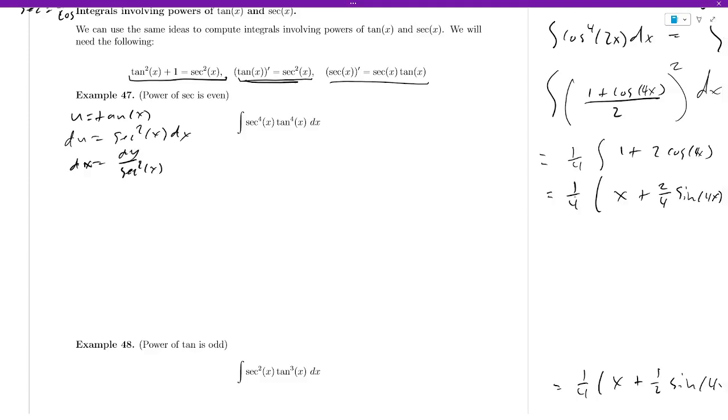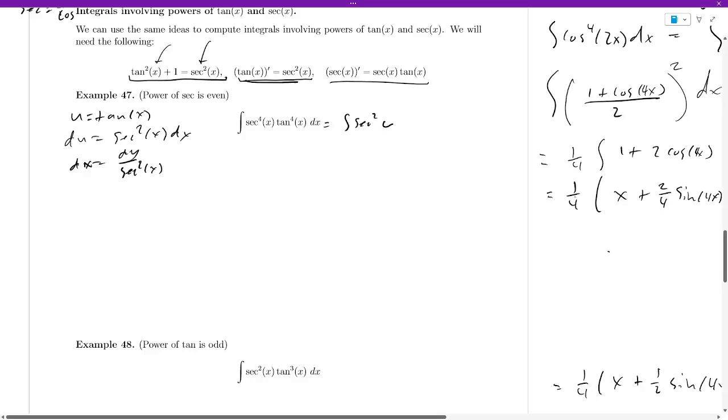Okay, so one of a secant squared is going to get canceled out. I have 4 secants. I'm going to lose 2 of them. I'm going to have a secant squared sitting there, and hey look, secant squared, tan squared. Just like with the sine and cosine squared, I'm going to be able to make a substitution. So let's see what that looks like. So keep the secant squared for the moment.